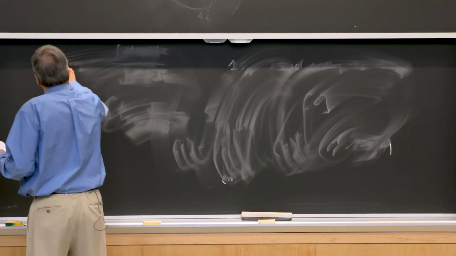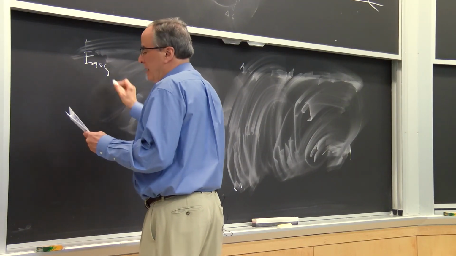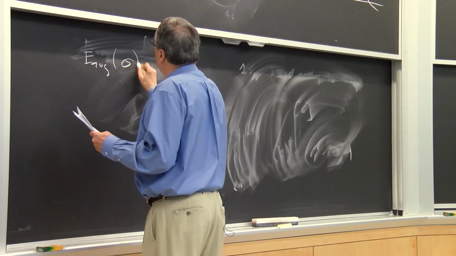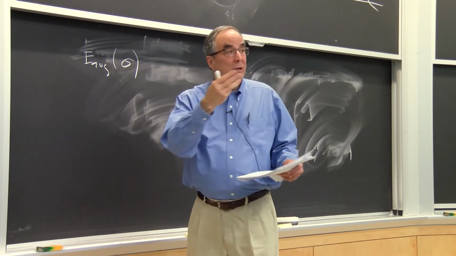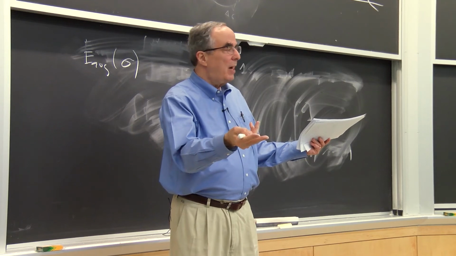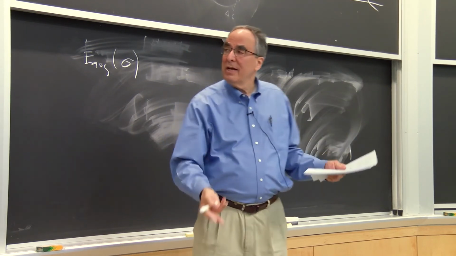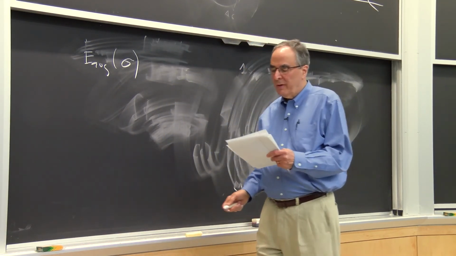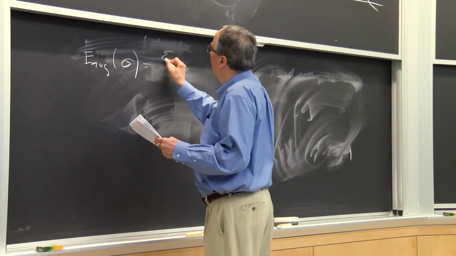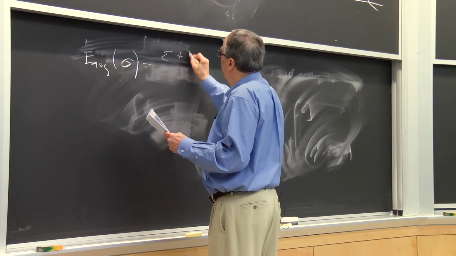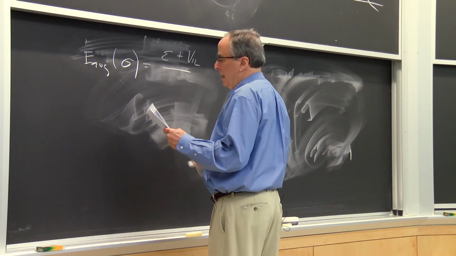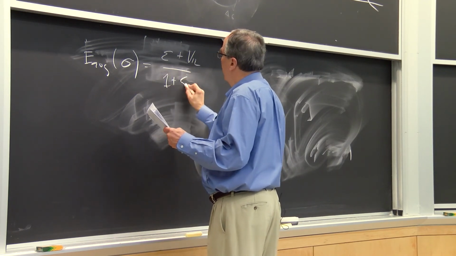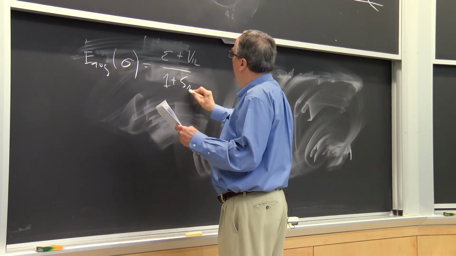So what you find, the average energy for one of the orbitals that we get. Remember, we got a 2 by 2. We're going to have two eigenvalues and two eigenstates. And so for one of those, we get epsilon plus V12 over 1 plus S12.